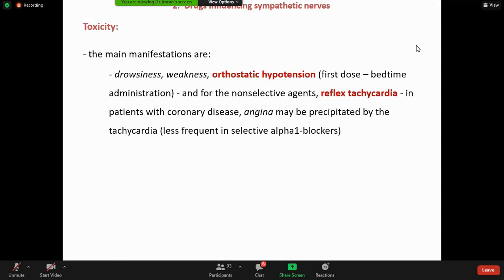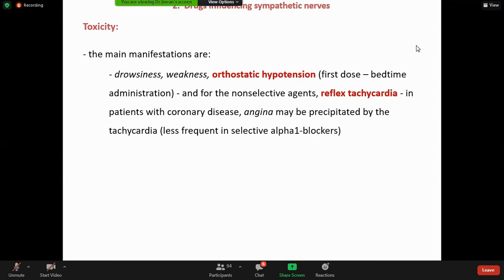And some of the norepinephrine molecules also bind with alpha-2 receptors, which are located presynaptically. And this stimulation of alpha-2 receptors, you know what it will cause? It will inhibit the further release of norepinephrine.